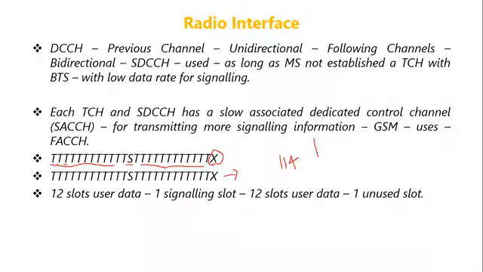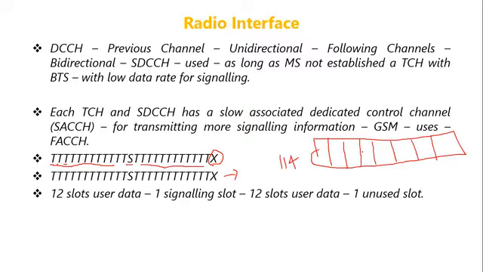See, there are 8 slots: slot 1, slot 2, slot 3, slot 4, slot 5, slot 6, slot 7, slot 8. In each slot, we are going to transmit 114 bits of data, and this entire thing is one frame.